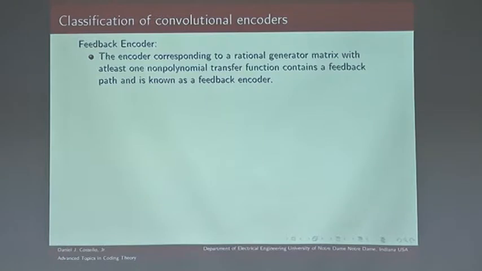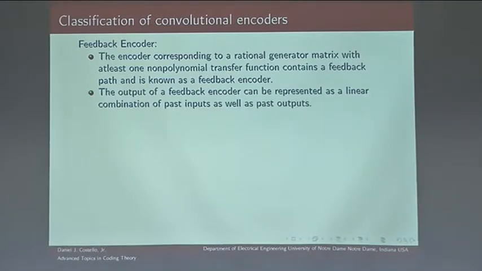Now, a feedback encoder corresponds to rational generator matrices. And again, we had that little example in the previous lecture, where at least one of the generators is a non-polynomial or a ratio of two polynomials, a rational transfer function. And in terms of the encoder, that means there's a feedback path in the encoder.